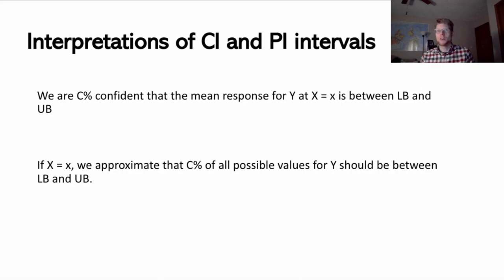So the generic description here is we're C% confident that the mean response for y at x equals x is between these two bounds.